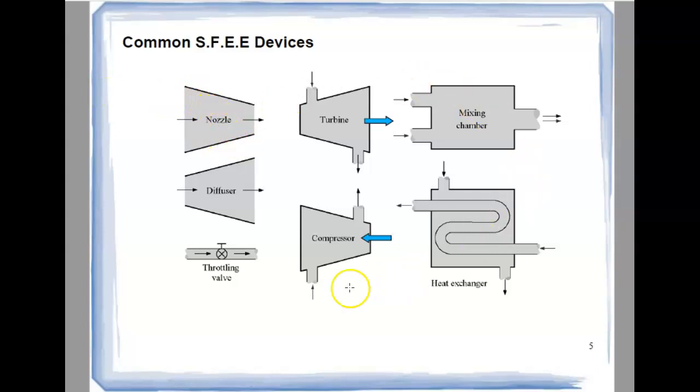So from the concept map, we have 5 devices. These are the common devices used in your thermodynamics applications. But the ones that we are going to learn in this topic are nozzle, diffuser, throttle valve, turbine, and compressor. Whereas these 2 devices you will learn further in your air conditioning class.